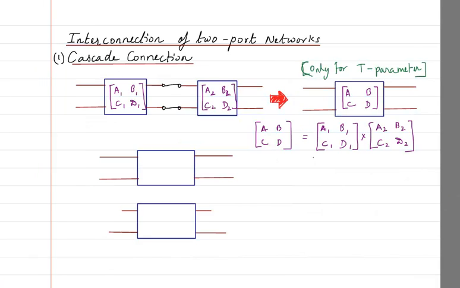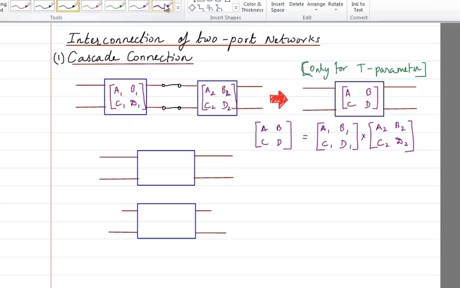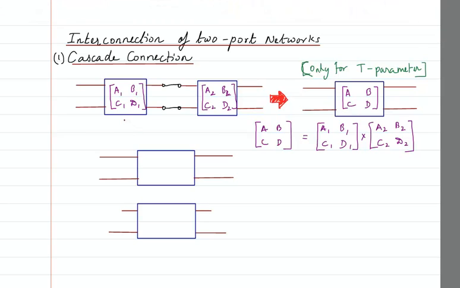So let us go back. This is the cascade connection. What you do is multiply the transmission parameters: I will name the first matrix T1, and the second one T2.